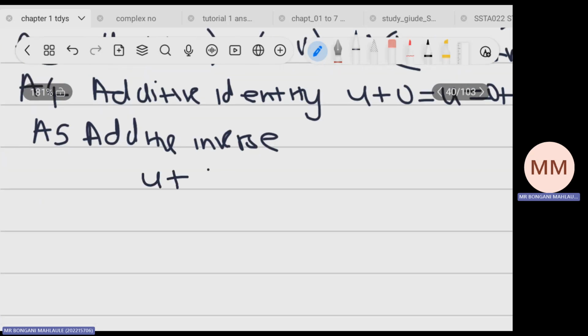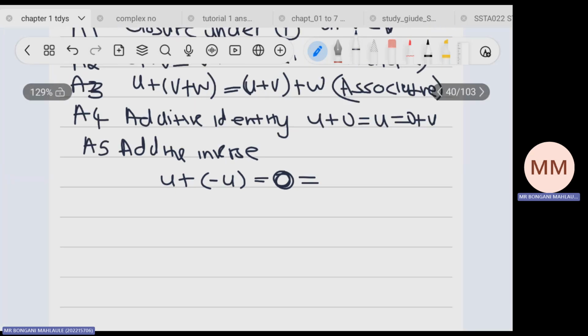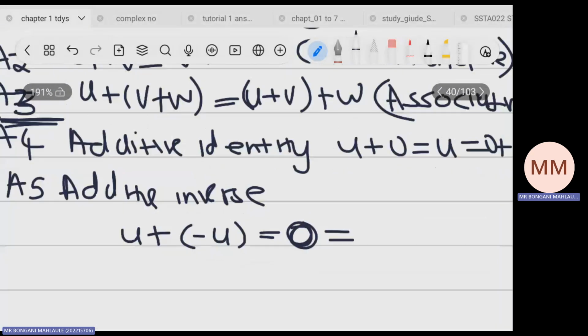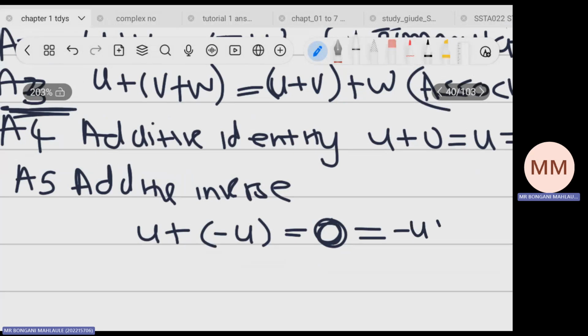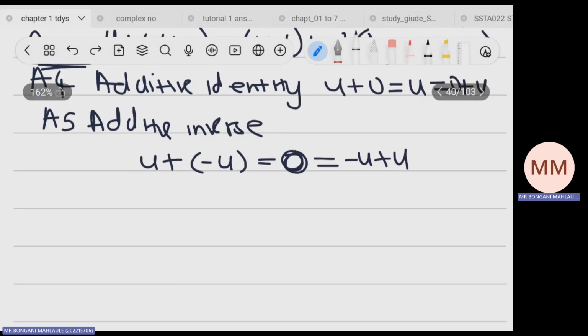So here U plus negative U must be equal to 0. And then this is the same as negative U plus U. We know this is true.